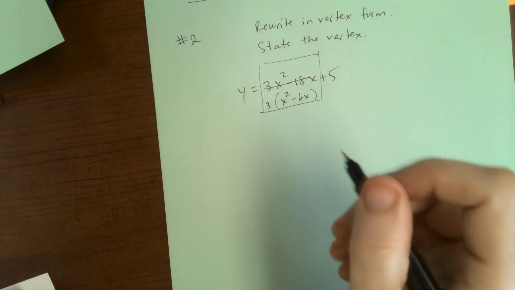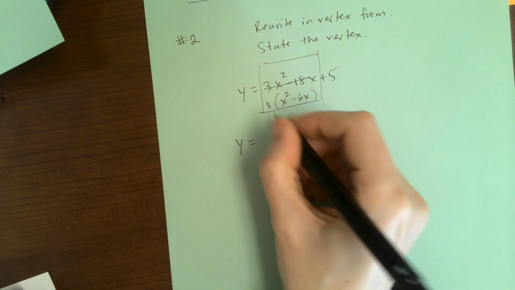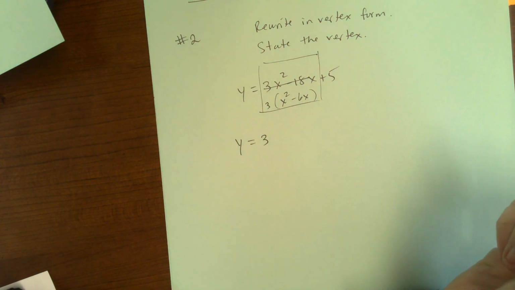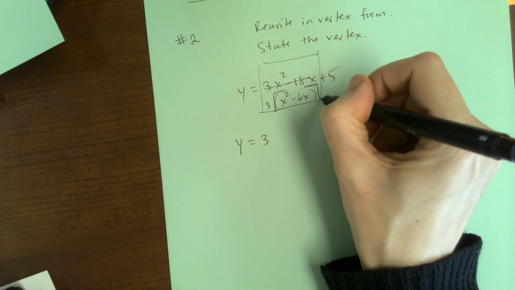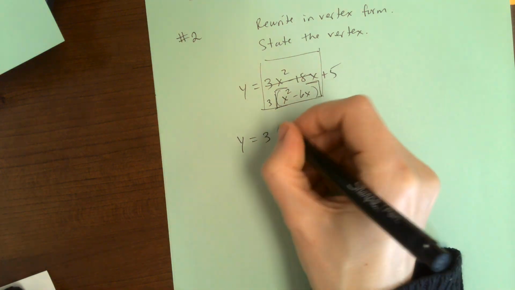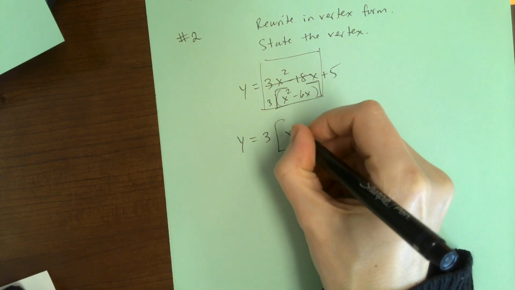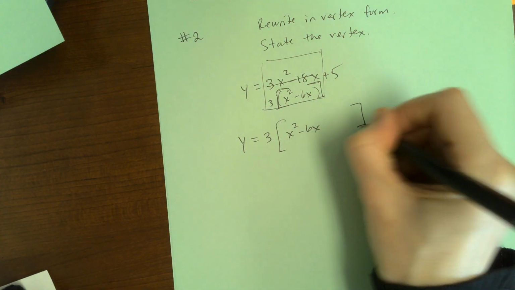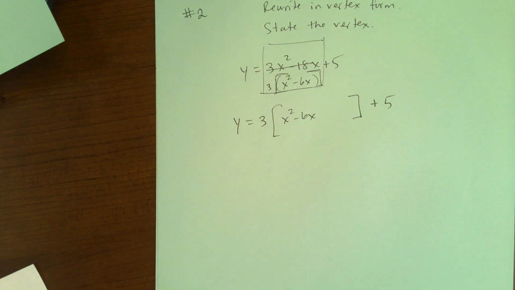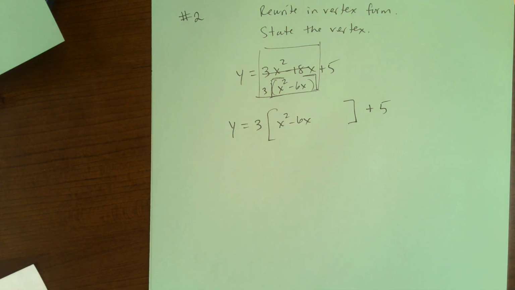Now, in the next line, I'm going to have the 3 and use brackets around that, and I'm going to leave a space at the end to complete the square. The plus 5 is outside.